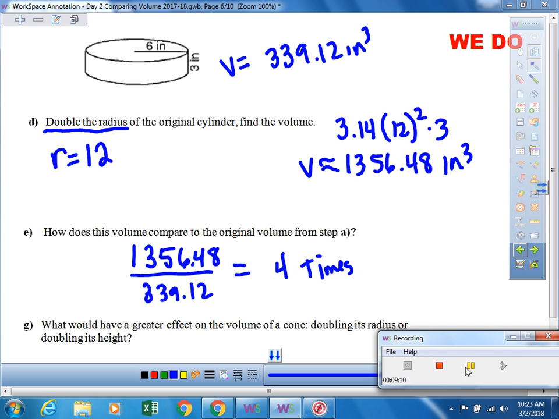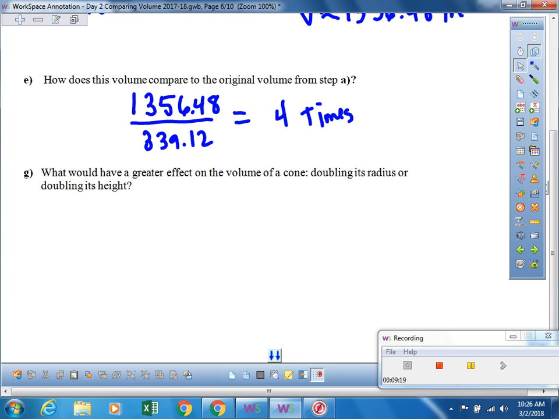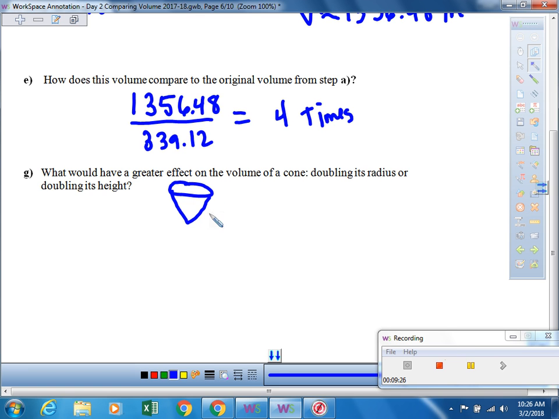All right. Okay, so what would have a greater effect on the volume of a cone? Doubling the radius or doubling the height? So think about your cone and the formula that you use. Discuss it with your shoulder partner. Anthony? Include Natalia.